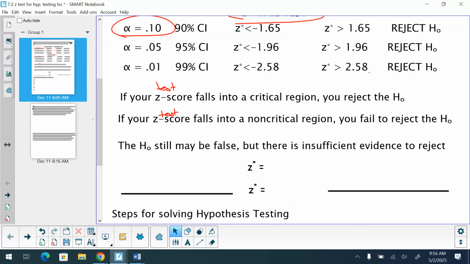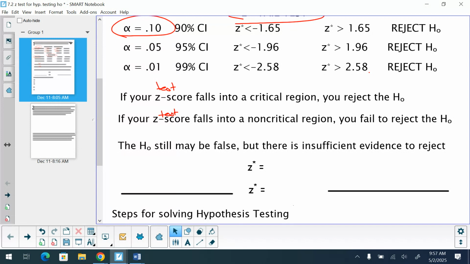Sir Isaac Newton was wrong. You reject his 9.81 meters per second squared. If you fall into a non-critical region, you fail to reject the null hypothesis. You still may not accept it. In your heart, in your brain, in your eyes, you still may not accept it.